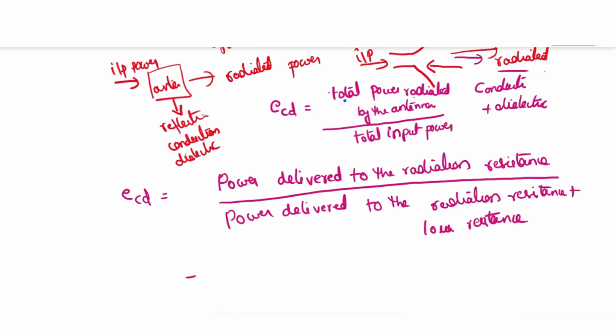If you observe the two, both are the same. According to this equation, the expression for ECD is the total power radiated by the antenna, PR, divided by the total input power, PIN.